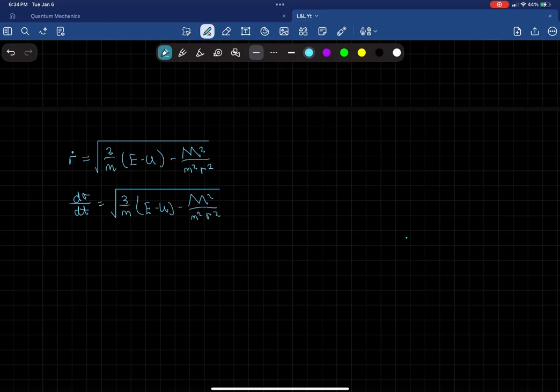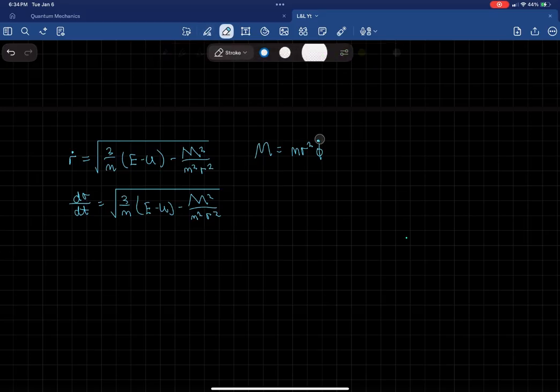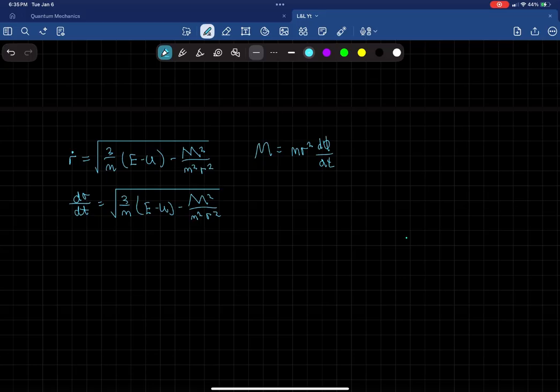Then from angular momentum, we know that M is equal to m r squared phi dot, and we can write this as d phi dt. So thus d phi is equal to capital M over m r squared dt.